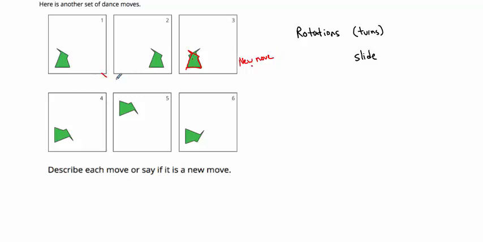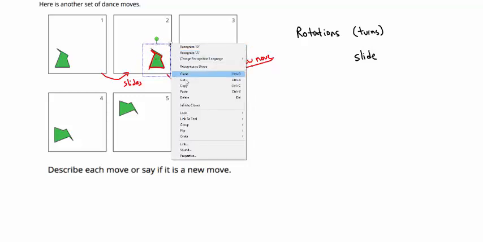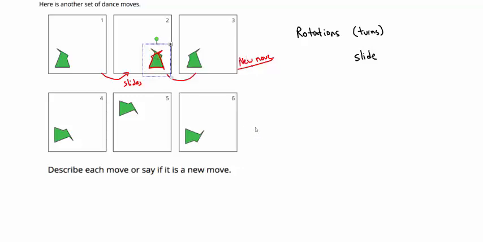So from here to here, it slides. From here to here is a new move. And that new move is called a reflection. So if I go back to my original, and I flip it, then it lines up, right?